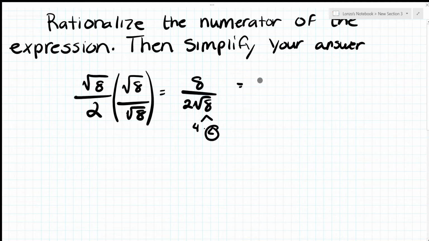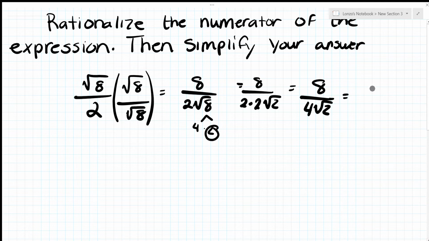So it's like saying square root of 8 is 2 times square root of 2, because the square root of 4 is 2. So that becomes 8 over 4 square root of 2. This becomes more simplified. 8 divided by 4 is 2, over square root of 2.